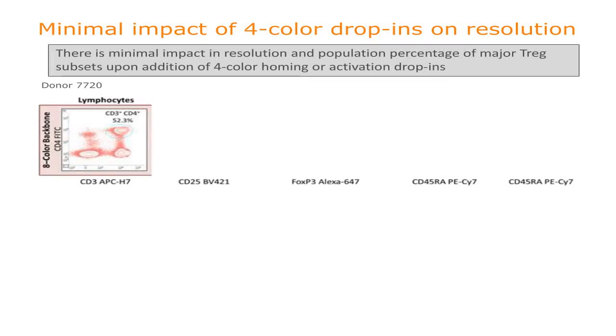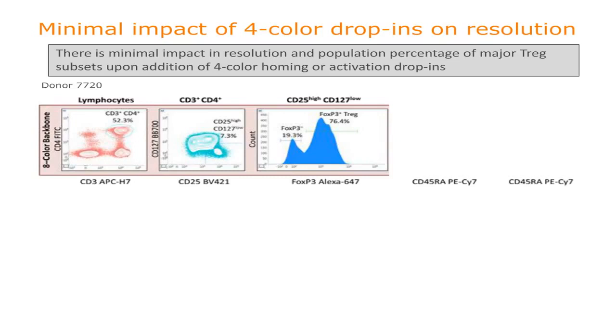Well, we can take a look at our first donor here, and we want to look at the ability to resolve our CD3, CD4 positive T cells, and of course, not surprising, it works or looks very good. I'm able to easily define my CD4 T cells, and then I want to define my T regulatory cells based off a CD25 high, CD127 low expression, and of those, identify my FOXP3 positive T regs.